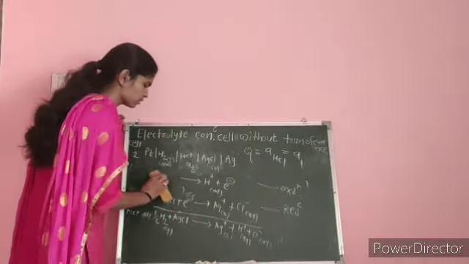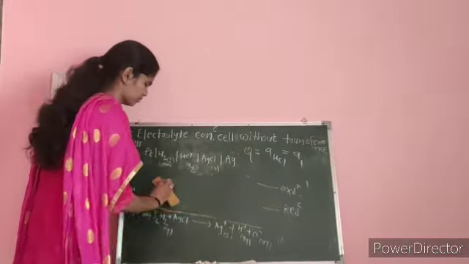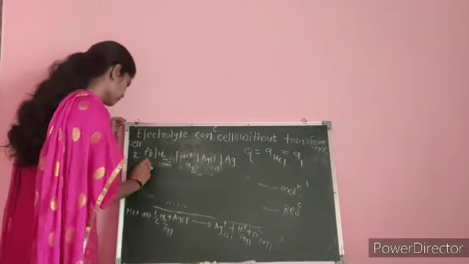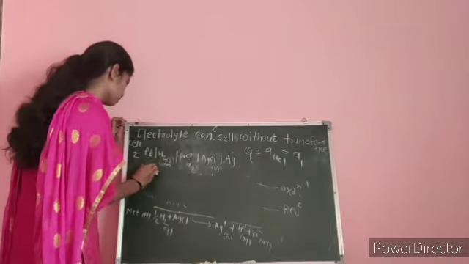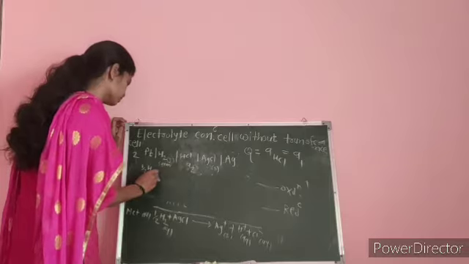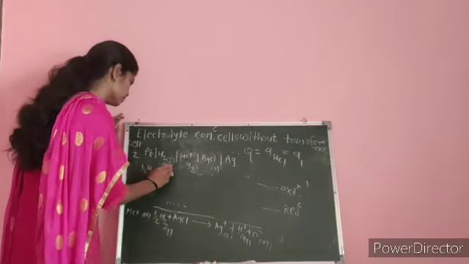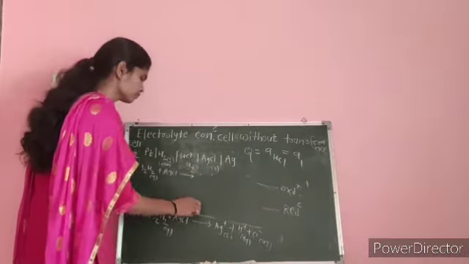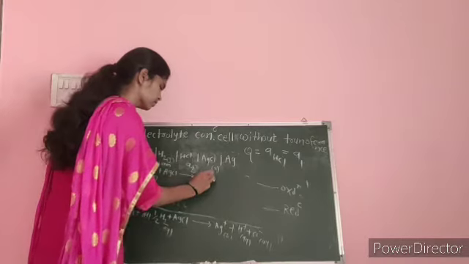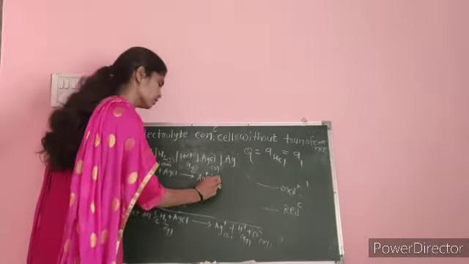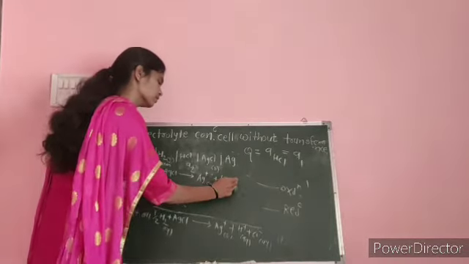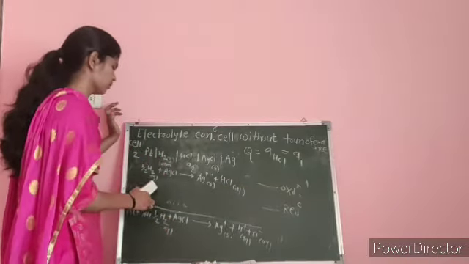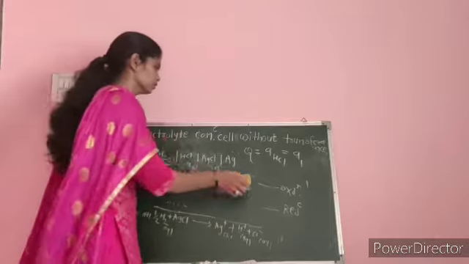The net cell reaction is 1/2 H2 gaseous plus AgCl gives Ag solid plus HCl aqueous.